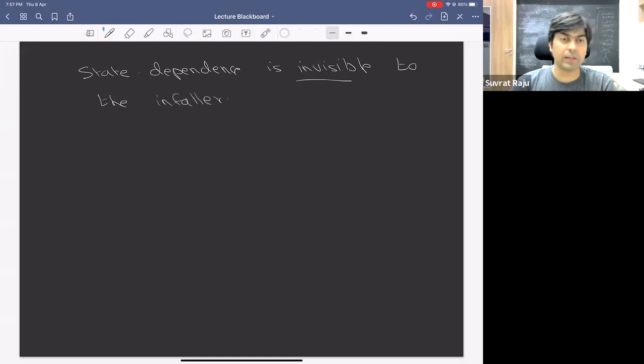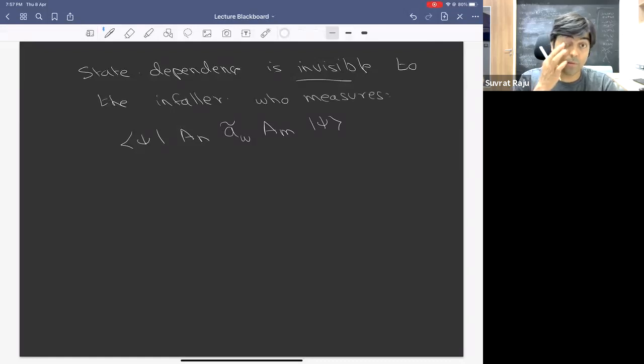And the reason it is invisible to the infaller is that we said that the infalling observer measures some correlators of this kind. Right? The infalling observer measures some correlators of this kind.